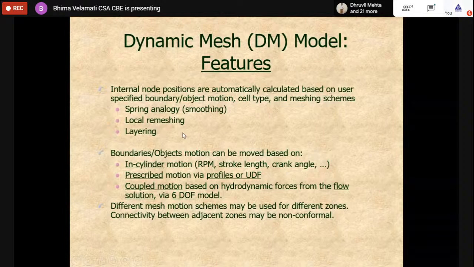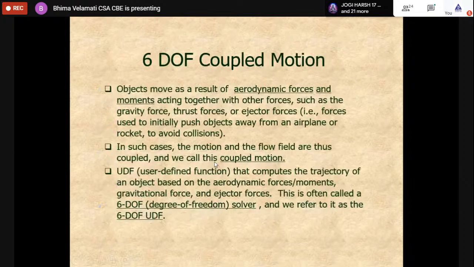Similarly, you have local remeshing, where around the surface that is modifying a lot, you remesh it. And you have layering, where you remove certain layers as the mesh is getting compressed. Of course, I will not get into more details of this.